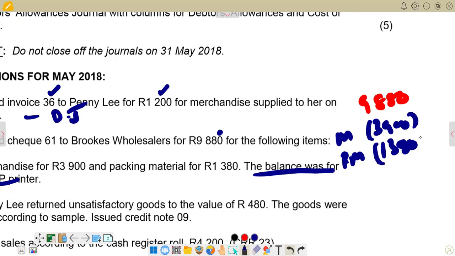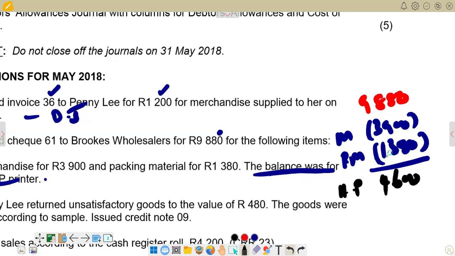And then the balance was for the HP printer, which means that if you subtract from the total 9,880 the 3,900 and the 1,380, you are going to get the figure for the HP printer. So if you subtract there, the figure that you're going to get is 4,600. So this one is for the HP printer.